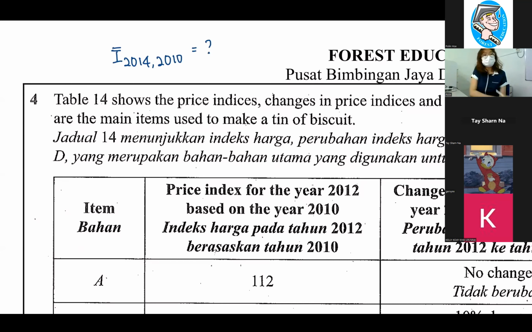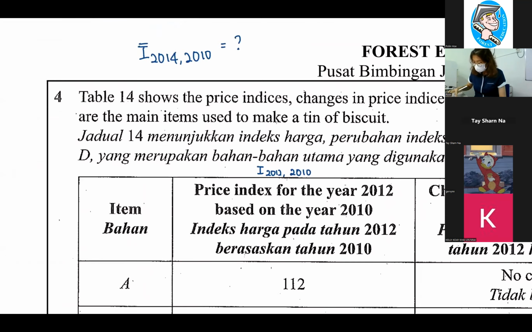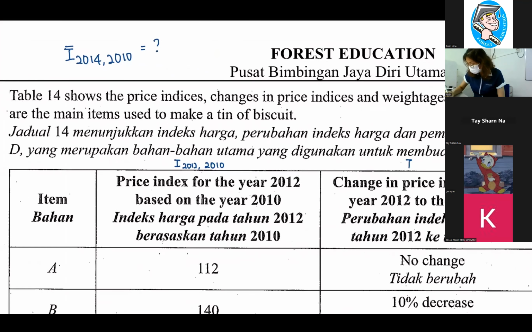要什么东西? See here? What you got? I 2012, 2010. The next part, I index in 2014 based on 2010. This is correct.